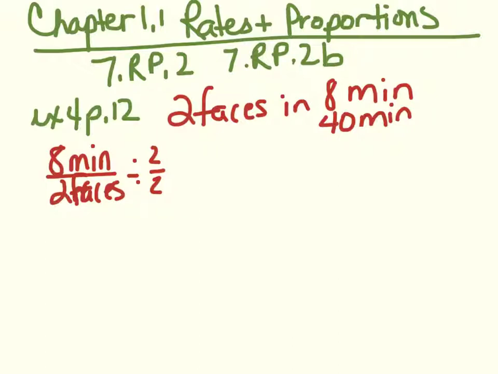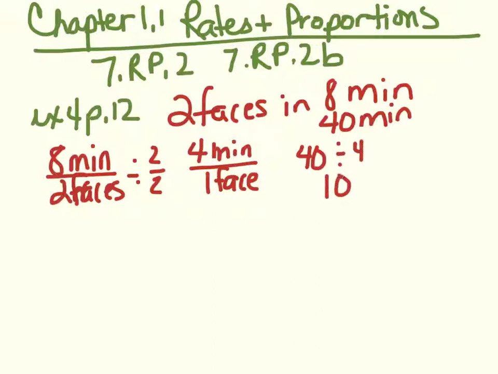Unit rate is the denominator of 1, and you're going to go, it's going to take 4 minutes for 1 face. And so at this point, you have 40 minutes, so you're going to have 40 divided by 4, so she can do 10 faces in 40 minutes.